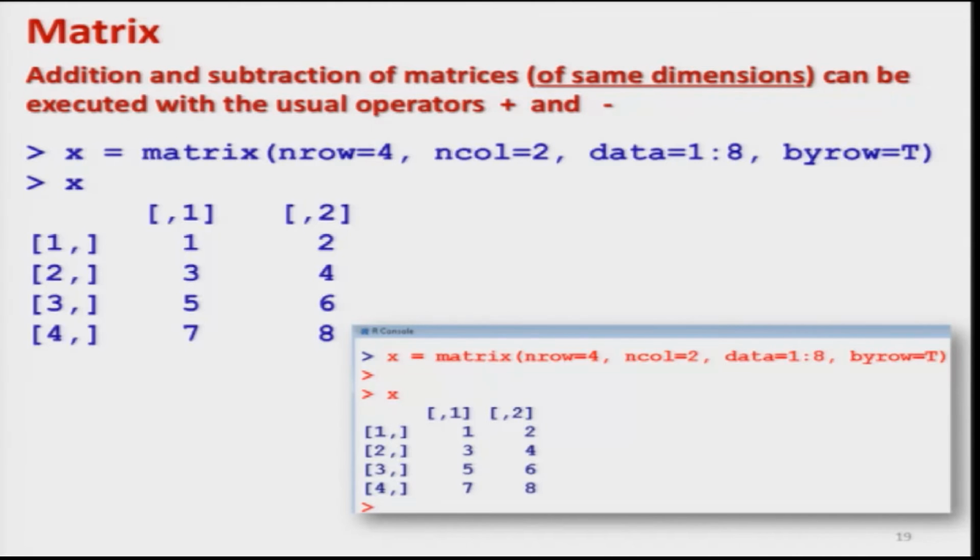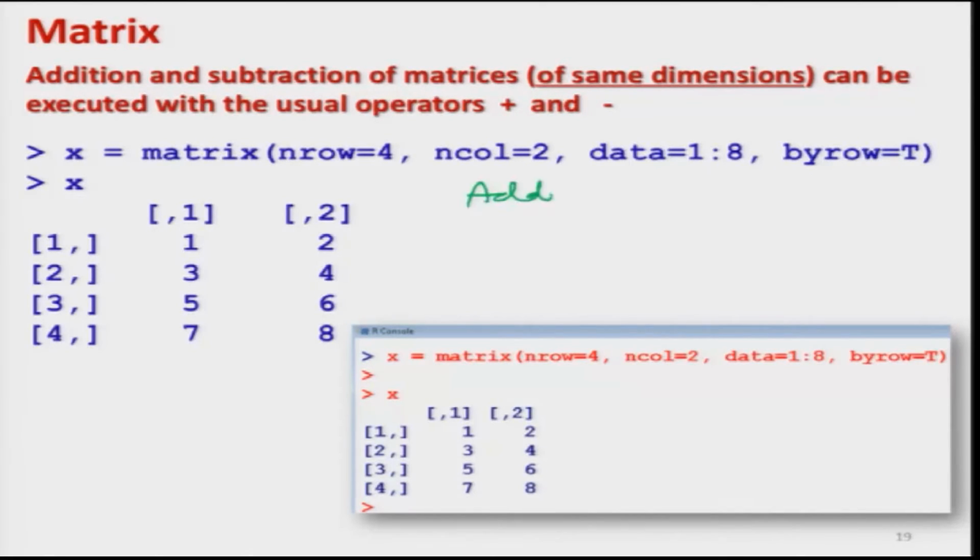Now after multiplication, I will address addition and subtraction. Addition and subtraction are quite simple in the sense that you use the same operators that you used earlier. For addition, you simply use the plus operator, and for subtraction you use the minus operator.